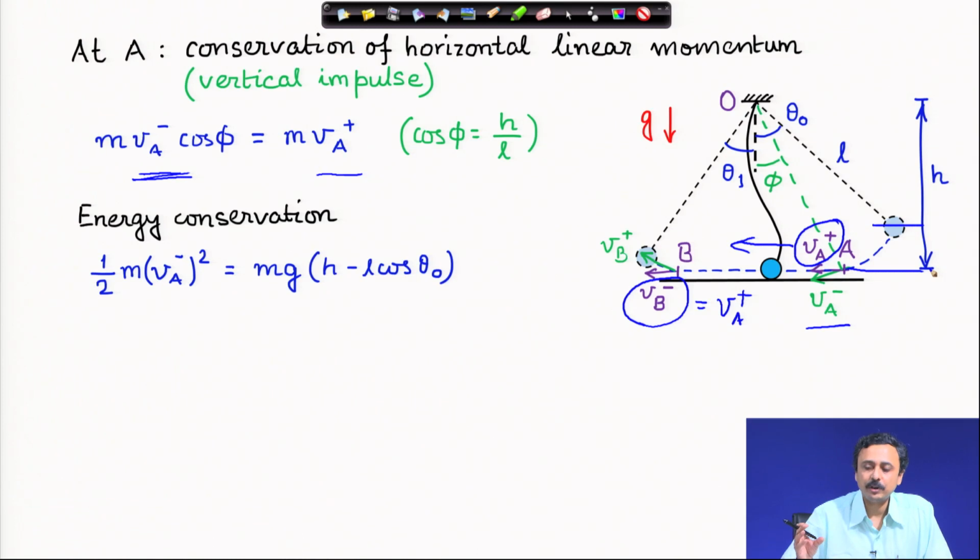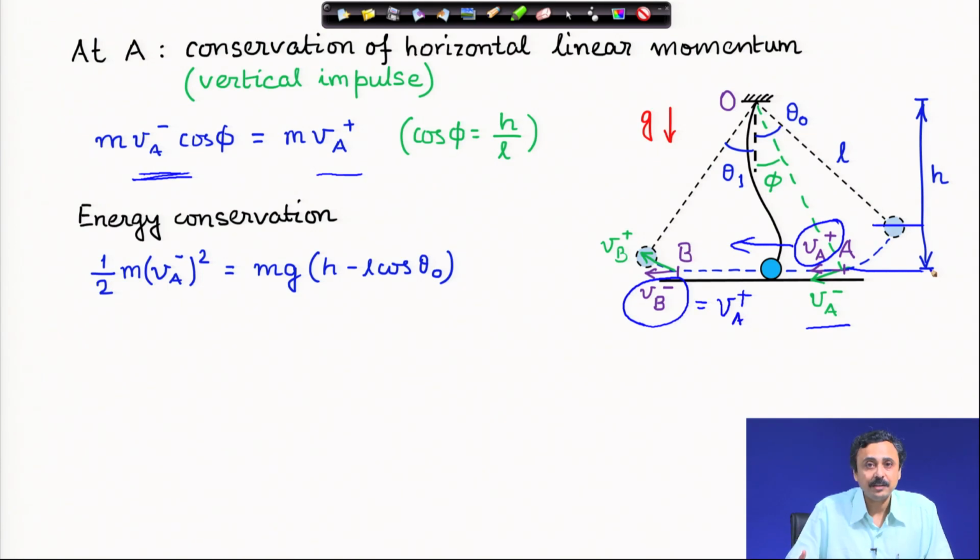The bob of the pendulum starts from theta naught and reaches this angle phi. So, that part is a free motion. Free motion means it is only under gravity, and gravity is a potential force, therefore, energy will be conserved. There is no other force which is doing work.